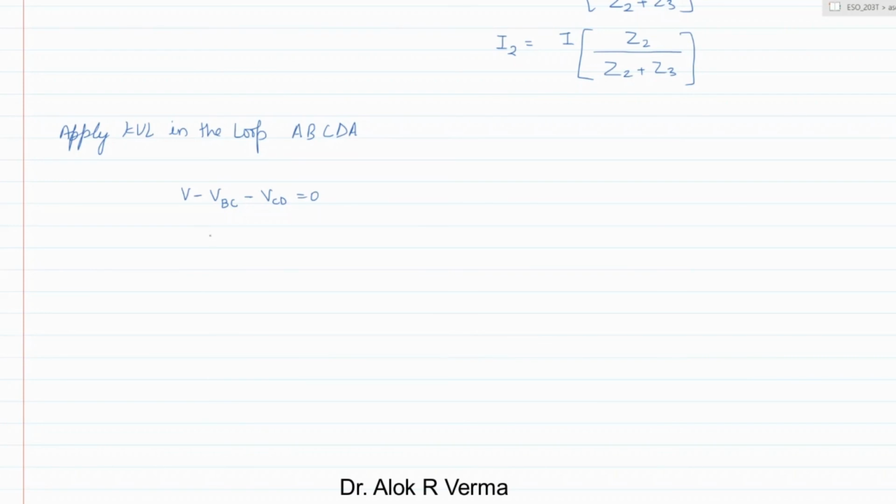So V_CD is nothing but V minus V_BC, and V_BC is nothing but I into Z1. Just substitute the values.